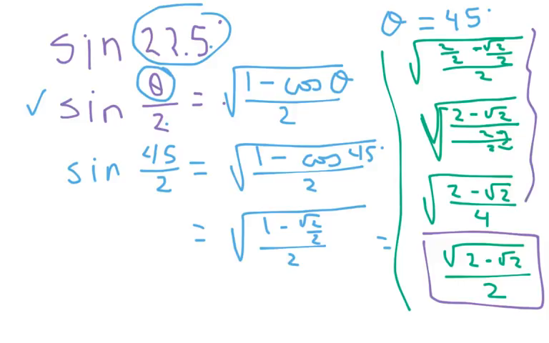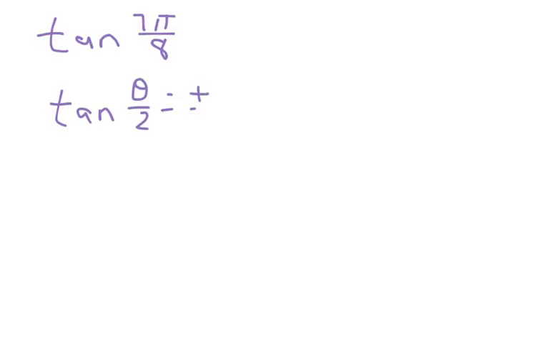Okay. Now we're going to do tangent of 7 pi over 8. We're first going to use the hard formula, and then we're going to use the easy formula. So the hard formula is tan of theta over 2 equals plus or minus square root of 1 minus cosine of alpha over 1 plus cosine of alpha.